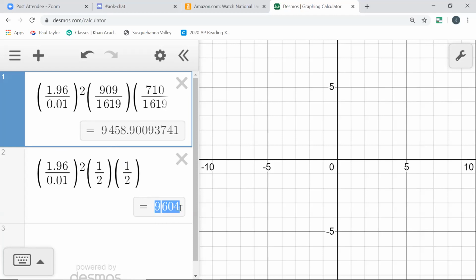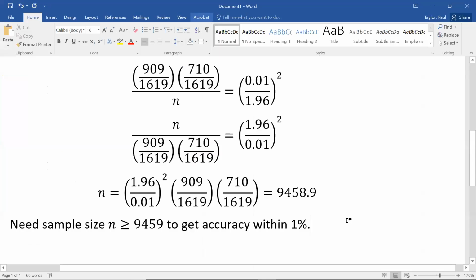So to be on the safe side, we probably should just use this number, the 9,604, and then we know that if our guesses here are not exactly right, we still have enough.